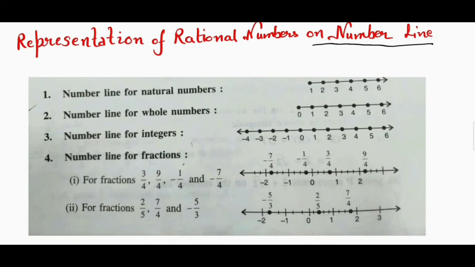In previous classes we have learned that we can represent all rational numbers, means natural numbers, whole numbers, integers and fractions on number line. So here we are not going to discuss this more, and later in this video we will discuss how we can represent terminating decimals and non-terminating recurring decimals on number line.